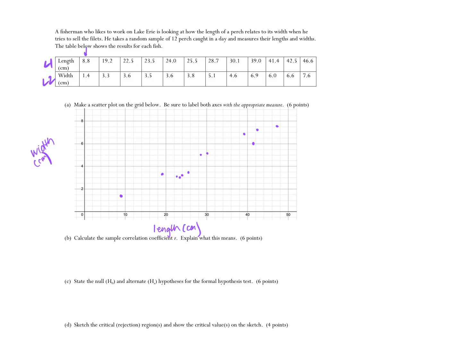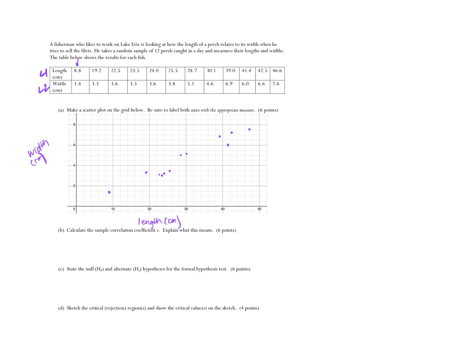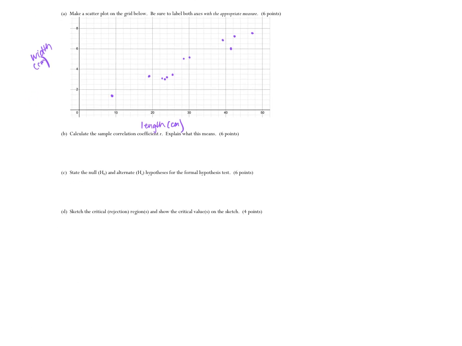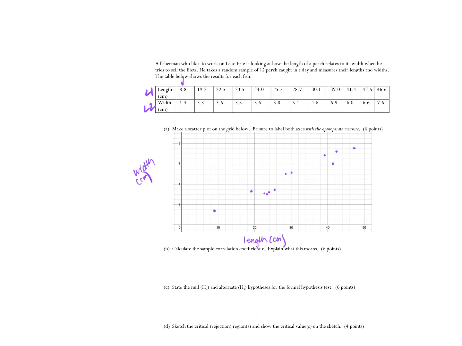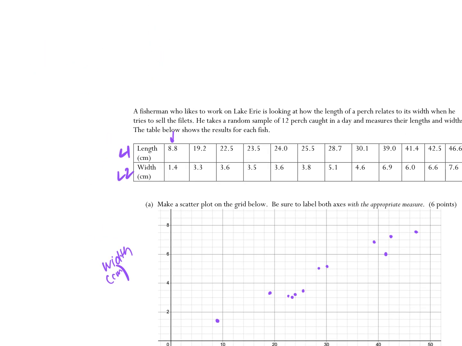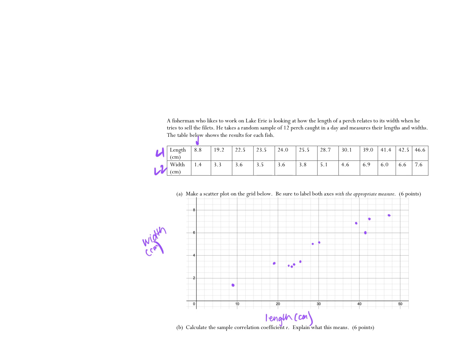Everybody got it in? Okay. Now, to calculate R, there's two different ways we could go about calculating R. The one I'm going to show you is actually just running the test, because as you go to the next page, at the very beginning, the question is just asking how are they related.